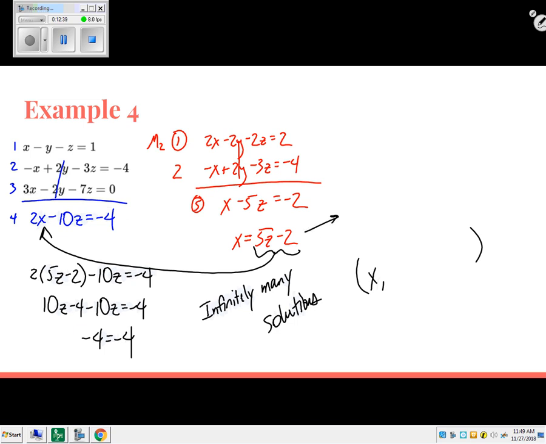I'm going to come right here to get my z, find out what this z right here is equal to. And so if I add 2 to both sides, I get 5z equals x plus 2. Solving this for z, I get 1/5 x plus 2/5 equals z.